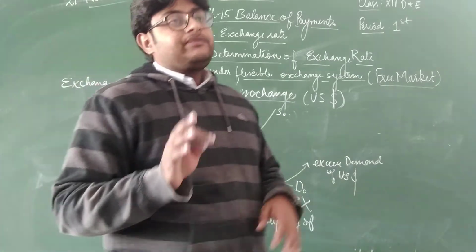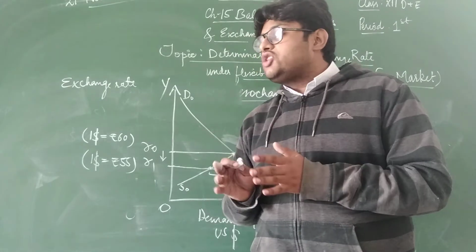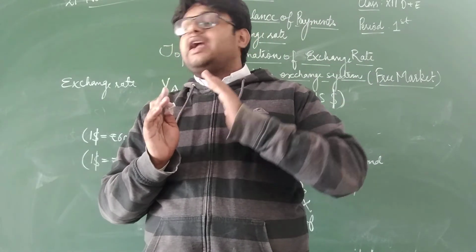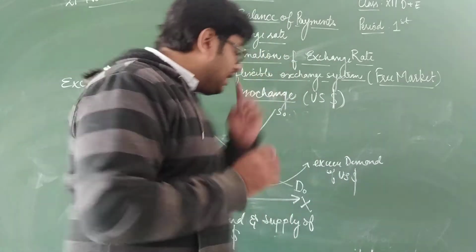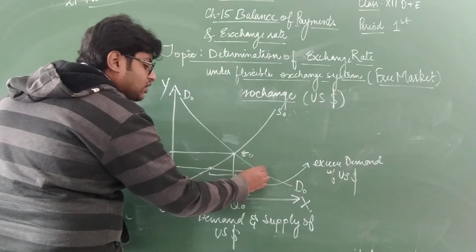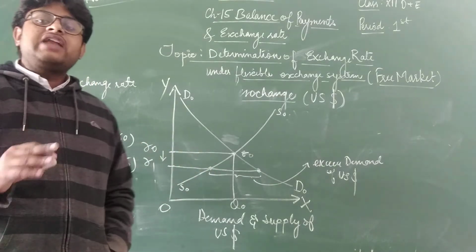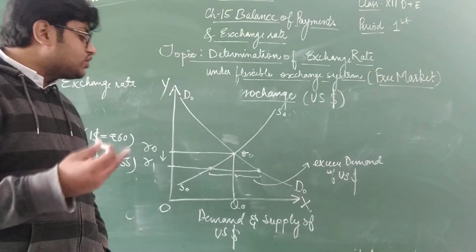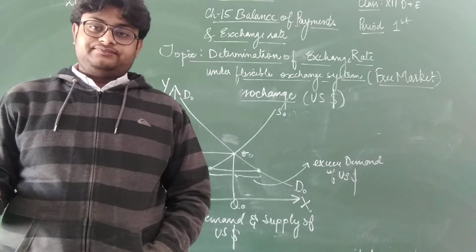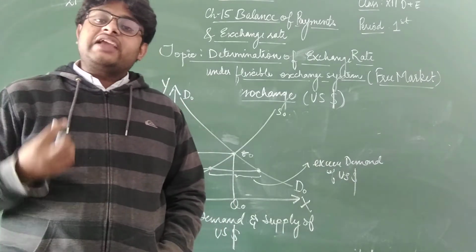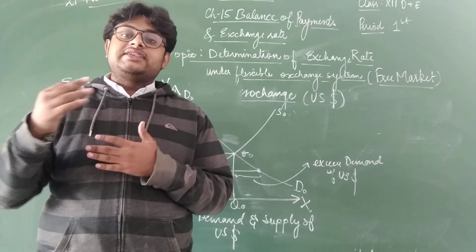So remember what happens in this situation. Here the Indian rupee is there and the US dollar is there. The demand for US dollars has increased and its supply is less. So what will happen? The value of the US dollar will start increasing. I have told you whenever there is a deficiency of anything, its value increases.